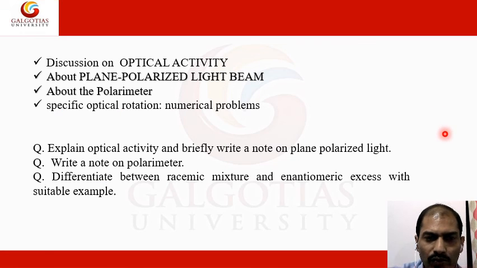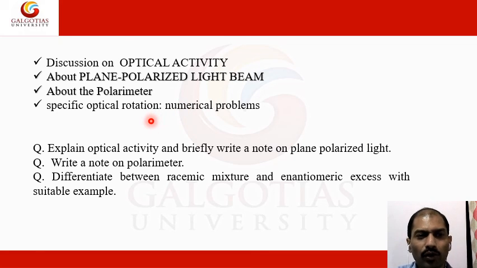Now, from the overall discussion, we had a discussion about optical activity. We also discussed plane polarized light, the polarimeter and its principle, specific rotation, optical rotation, and numerical problems related to that.